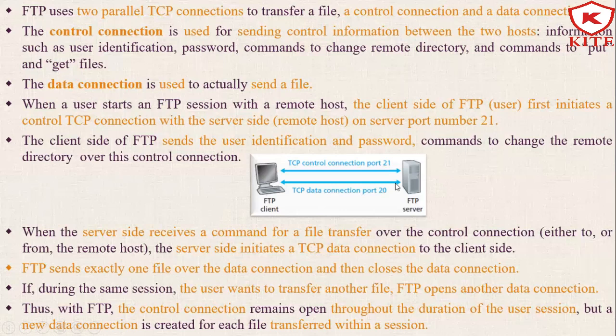When the server side receives a command for a file transfer over the control connection, either to or from the remote host, the server side initiates the TCP connection to the client side. FTP sends exactly one file over the data connection and then closes the data connection.